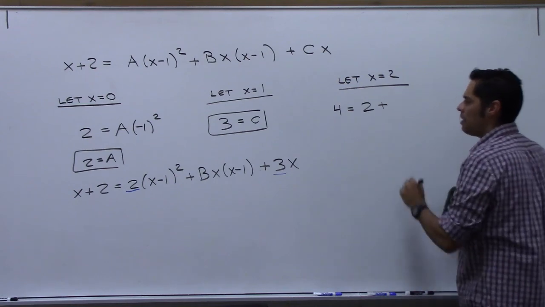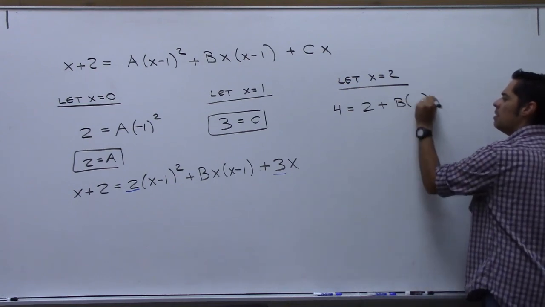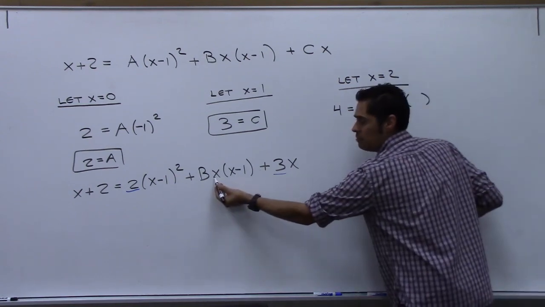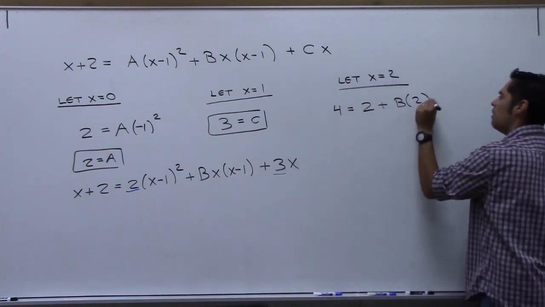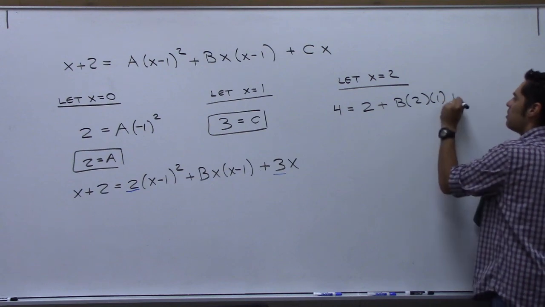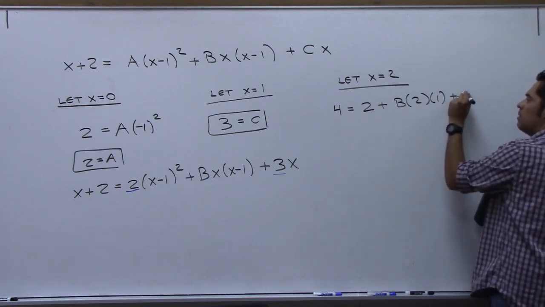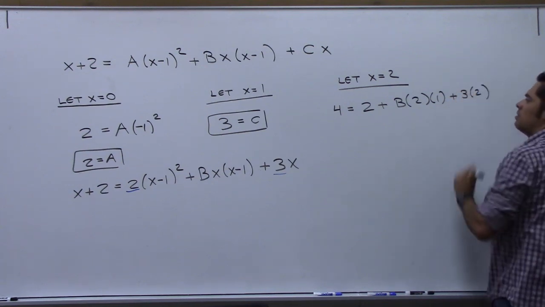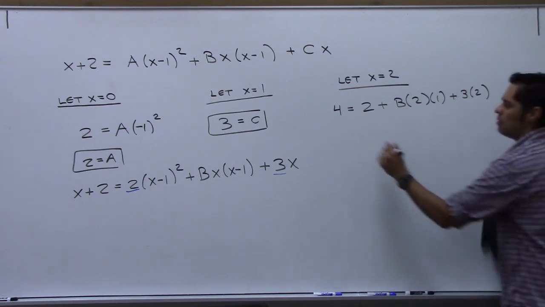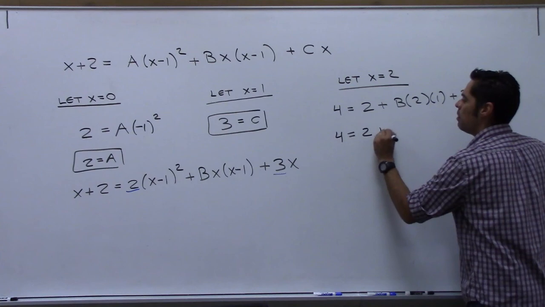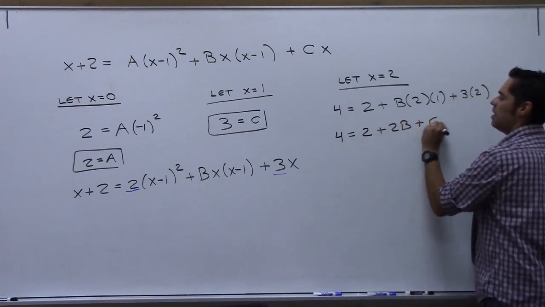Plus, now be a little careful here, b times 2 times 2 minus 1, which is 1, so 2b. And then finally the last one, plus 3 times 2, which is 6. So 4 equals 2 plus 2b plus 6.